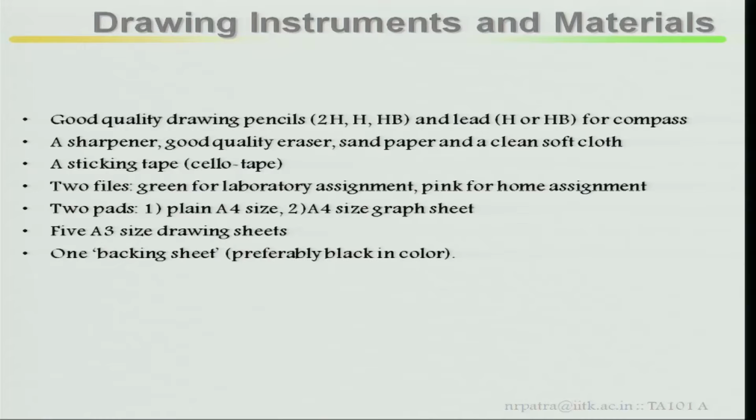Generally you should have 3 sets of pencils, 2H, H, HB and leads for H or HB, sharpeners, sticking tapes, 2 files, green for laboratory assignment, pink for home assignment, 2 pads, plain A4 size and the second one is A4 size graph sheets, A3 drawing sheets and 1 black sheet, preferably black in color.